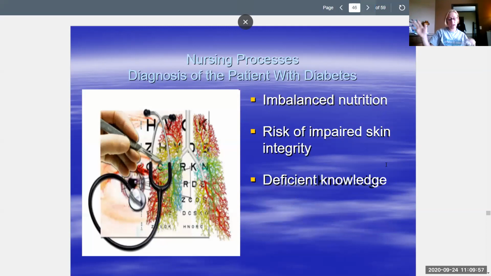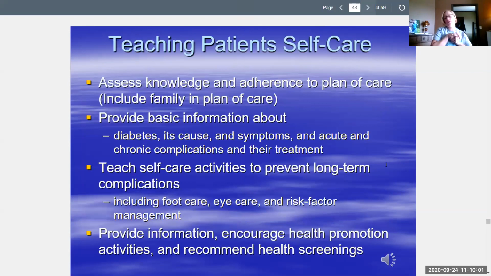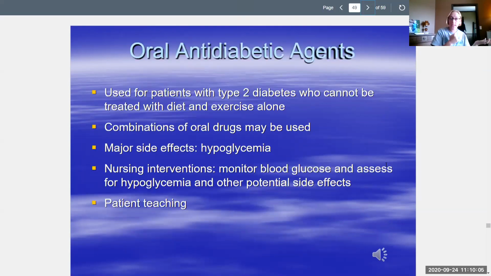Okay, so now we're going to dive into our oral anti-diabetics. Our oral anti-diabetics either work in the pancreas by increasing insulin production, or in the liver to decrease glucose production. And some work in the intestines to slow the absorption of carbohydrates and sugars in the intestine.